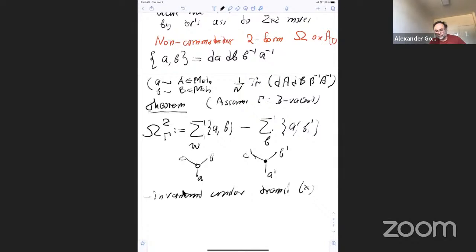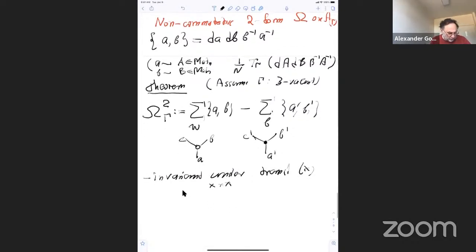So we have this non-commutative two form, and unfortunately, it's a difficult theorem. I wish at that moment the theorem would be as obvious as everything else, but not yet. So it's proved by calculations, and lots of them. So now, what is the main property of this form? So first of all, it's invariant.